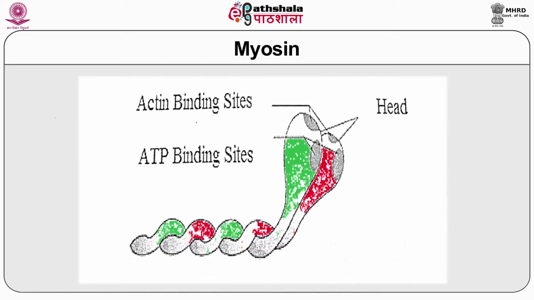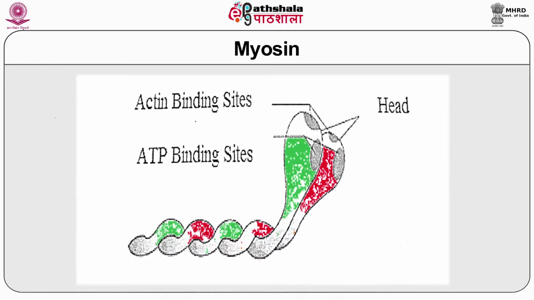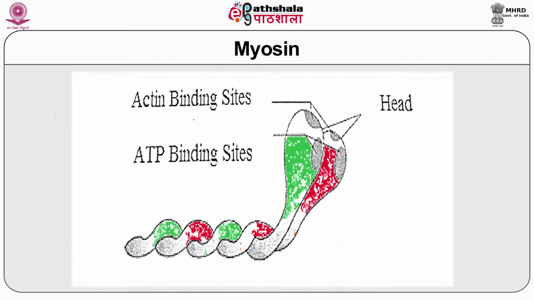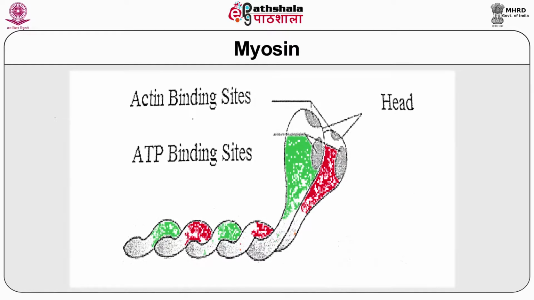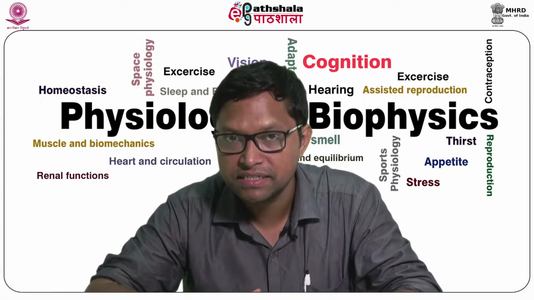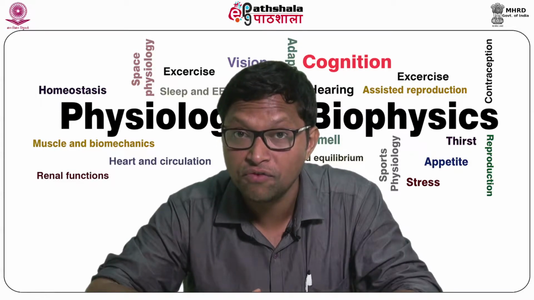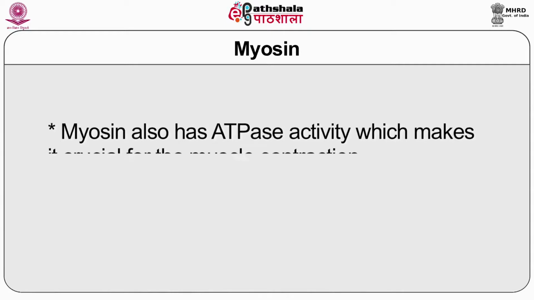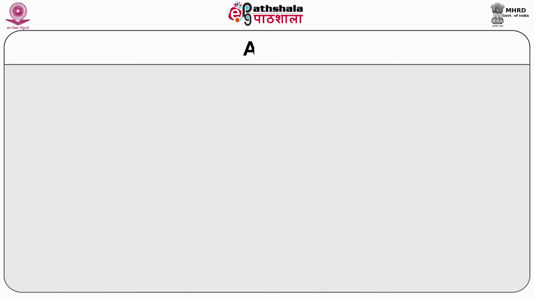The heavy chain has a tail which is a double helical structure, and it has an arm and a head. The light chain is present around the head of the heavy chain. Myosin also has ATPase activity, which makes it crucial for muscle contraction.